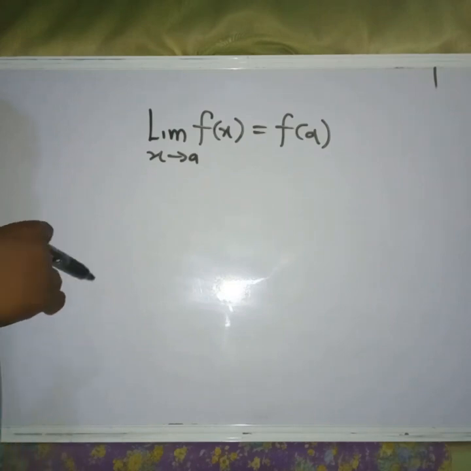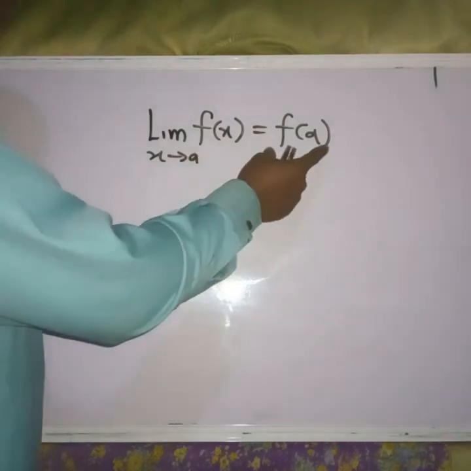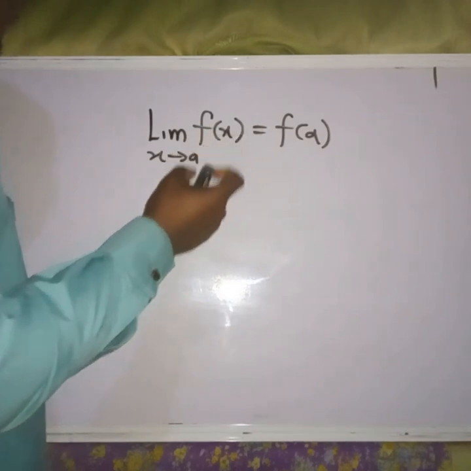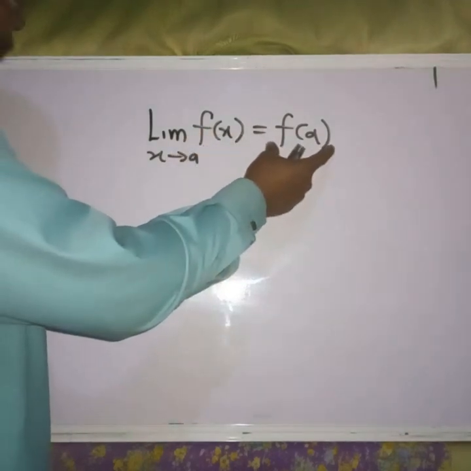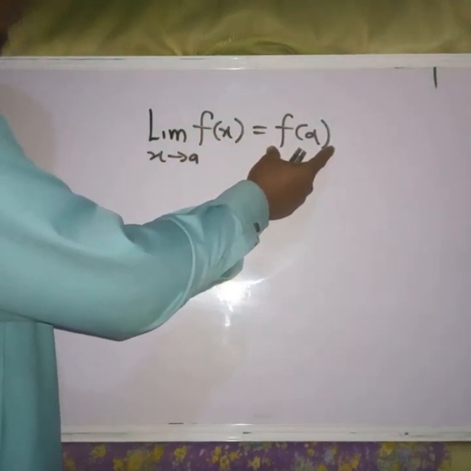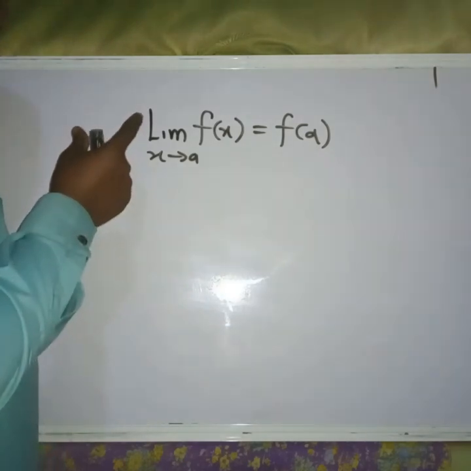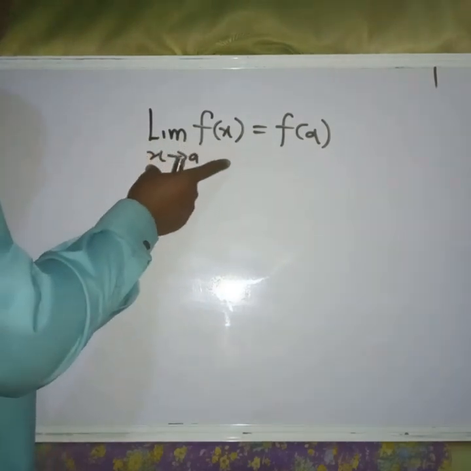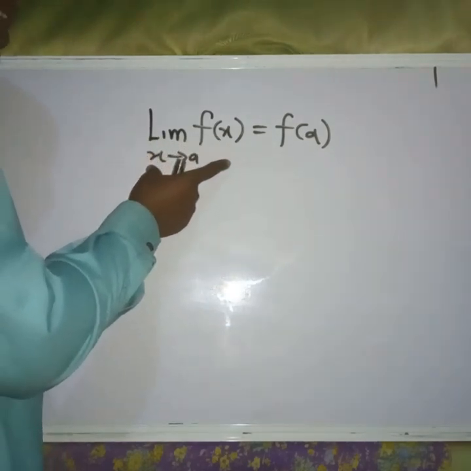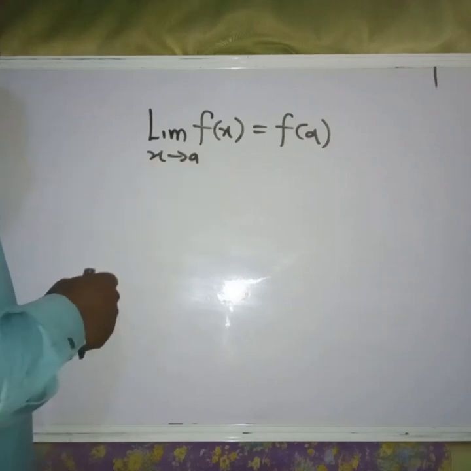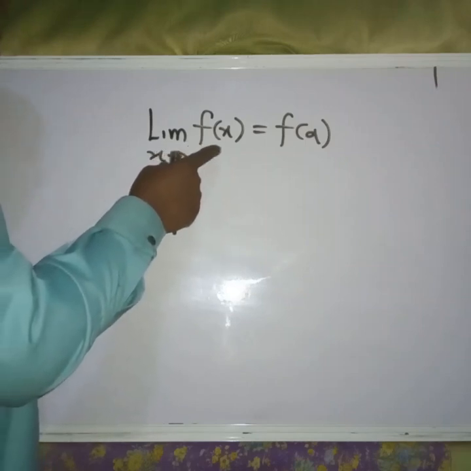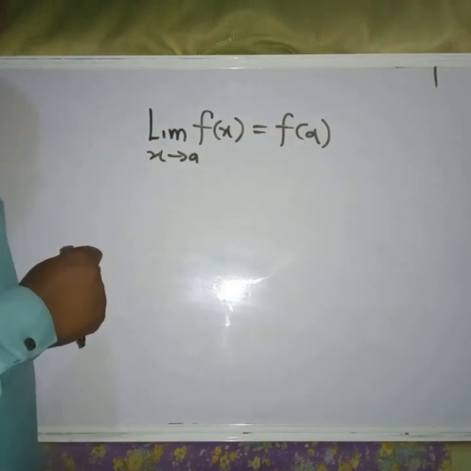What this equation means is that a function f of x will be continuous if, one, f of a is defined; two, the limit of f of x exists; and three, both of these are equal.